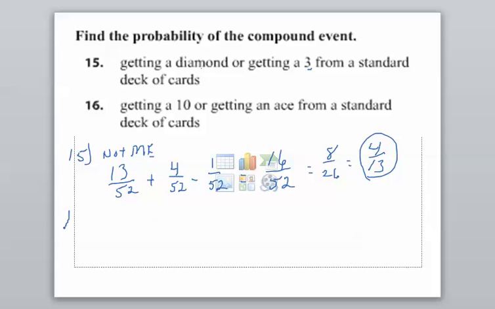So let's look at number 16. Getting a 10 or getting an ace. Well, in that situation, this one is mutually exclusive. 10s aren't aces, aces aren't 10s.